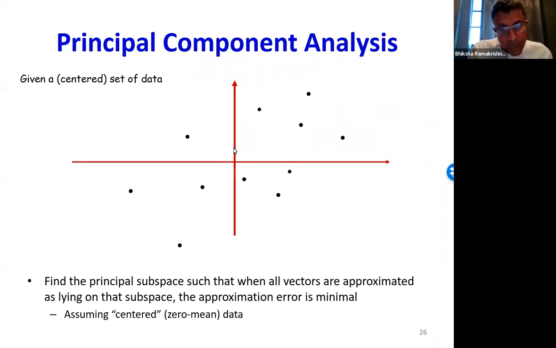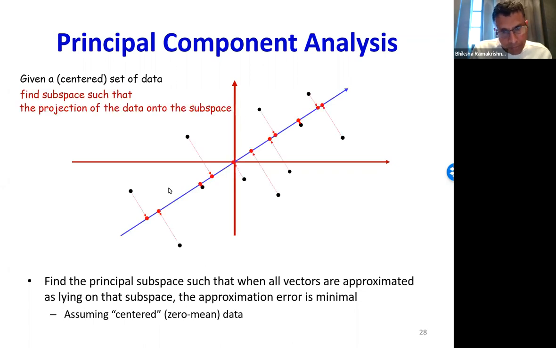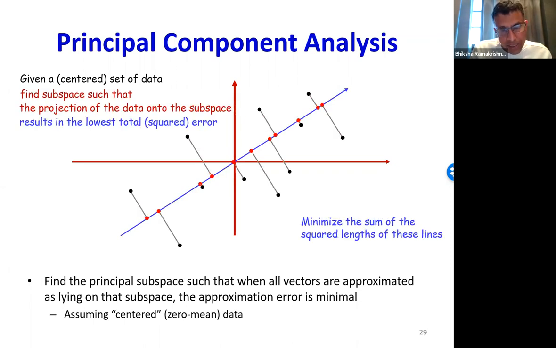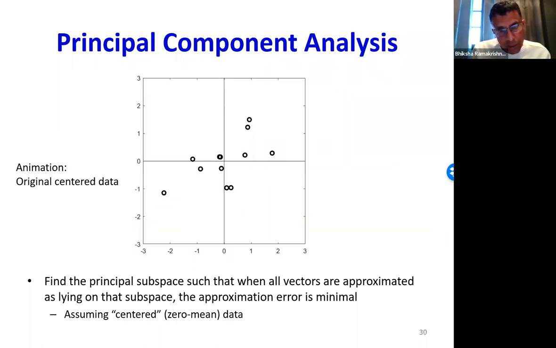PCA is the problem of finding the principal subspace such that when all the data are approximated as lying on that subspace, the approximation error, which is the squared lengths of all of these black lines, the error that you make when you project these black dots down onto the line here, is minimized. You find the blue line so that this approximation error is minimized.